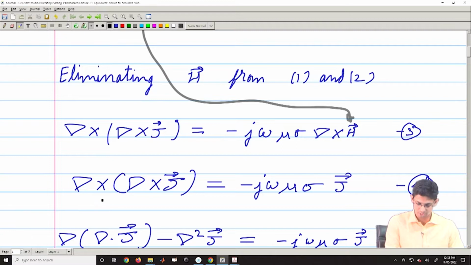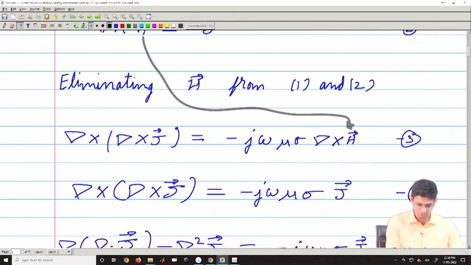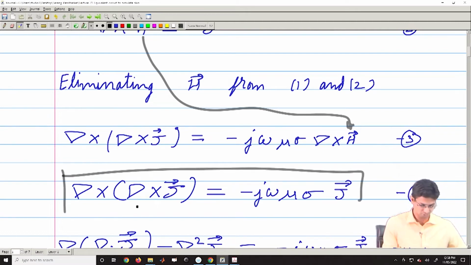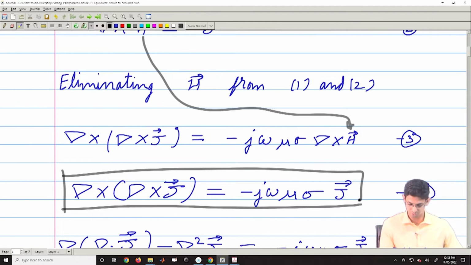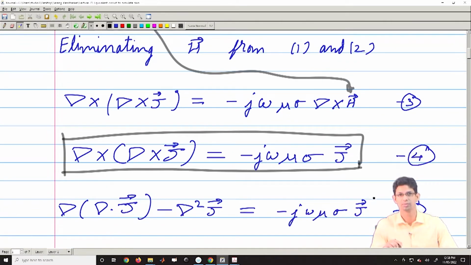So, what I will be having is curl of curl of J equal to minus j omega mu sigma J. So, this is the equation that we need to solve.